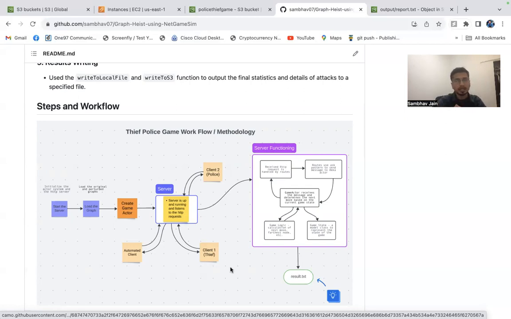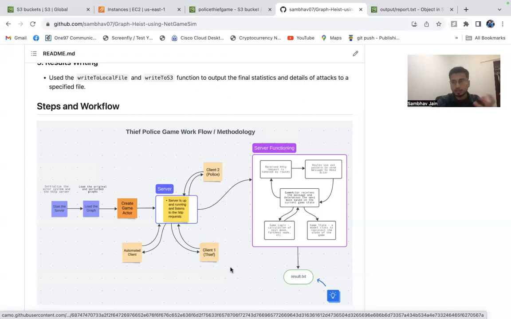Every time, we parse the NGS file and load the graph, and we are representing the graph with the help of Google's Guava library. After loading the graph, we instantiate the actor object with the help of these loaded graphs, so the game actor is created.